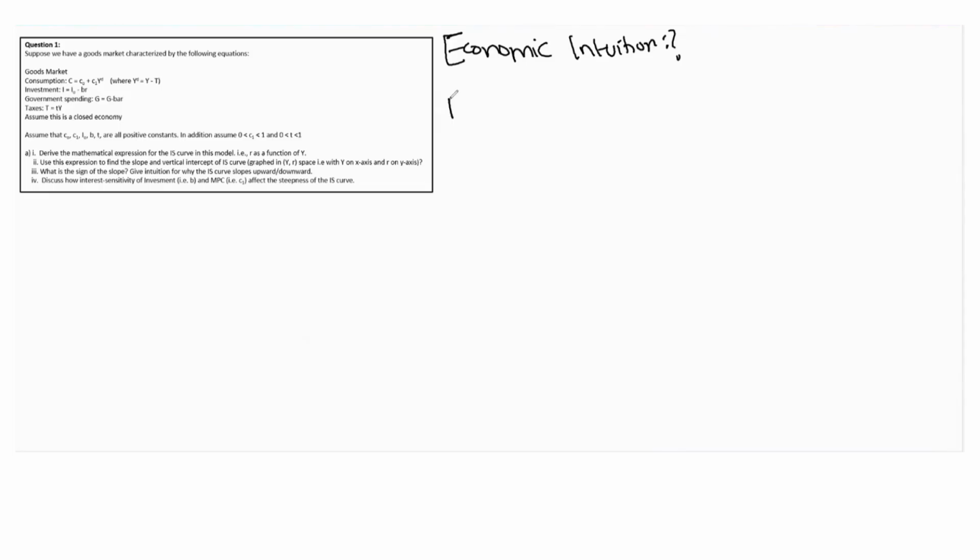So for this, we need to recall the way we derive the IS curve. We know that when we derive the IS curve, interest rate decreases, and that causes investment to increase, and that increases Y. Now we need to understand that the decrease in R, how much it increases investment, depends upon B. So B plays a part over here, right? When R decreases, how much I increases depends upon how sensitive investment is to changes in interest rate.